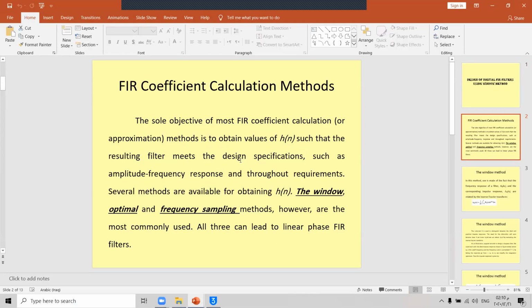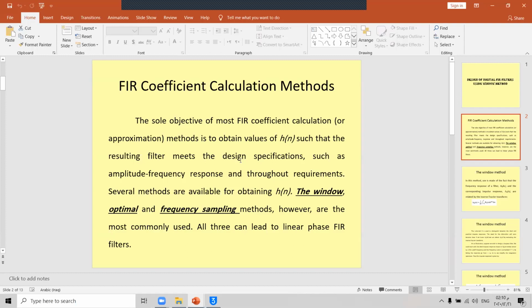Now, when we talk about the design of an FIR filter or IIR filter, our objective is to determine the coefficients of the filter. I mean h(n). So whenever you are going to design any filter, our objective is what? Is to determine the coefficients of the required filter.